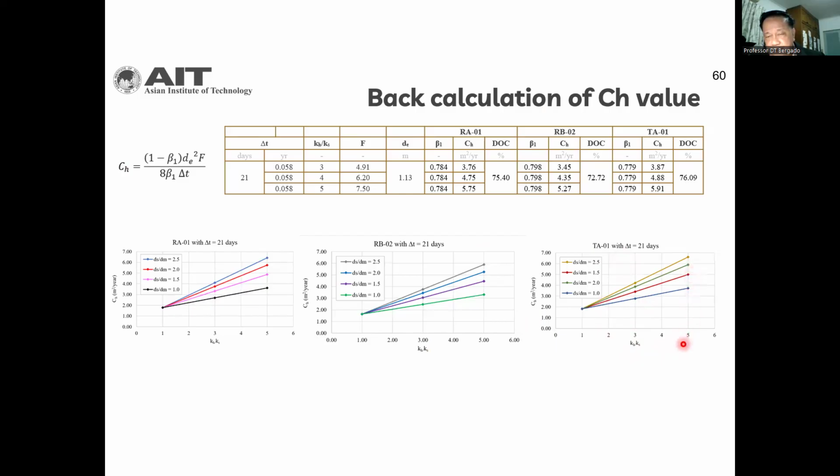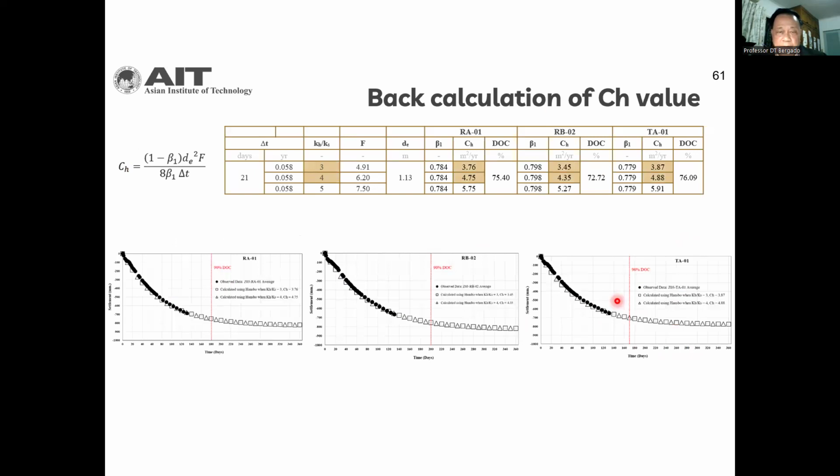Since we have vacuum, k_h over k_s reduced from 5 for ordinary, conventional PVD, to 4 or 3. So in this case, the back calculation, c_h value, we have k_h over k_s of 3 and 4, equivalent to c_h value of 3.76475 for RA1, RB2, and TA1. It floats around 4 for k_h over k_s equal to 4.